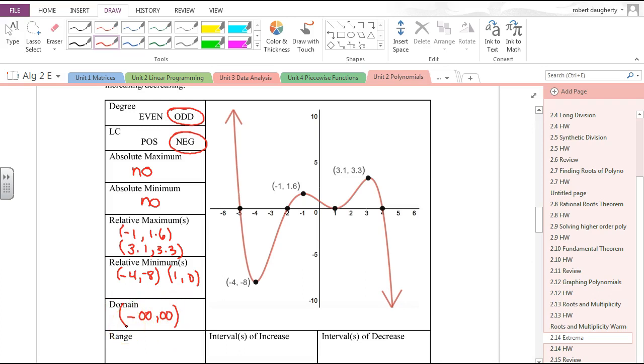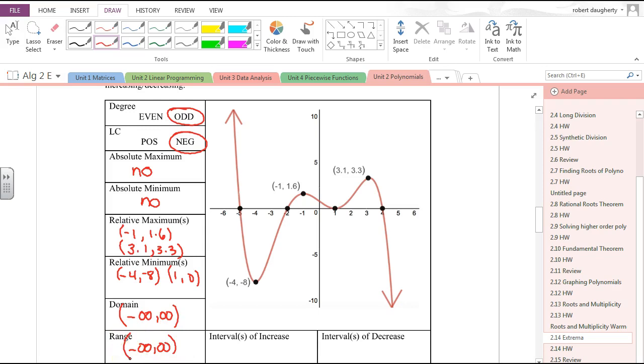It's going to keep on going, so there's no limit there. What's the range? The range is the only time you are ever allowed to look at which axis for your interval? The y-axis. So to find the range, what's the lowest y value this graph obtains? -infinity. What's the highest y value? Yeah, so this range is -infinity to infinity.